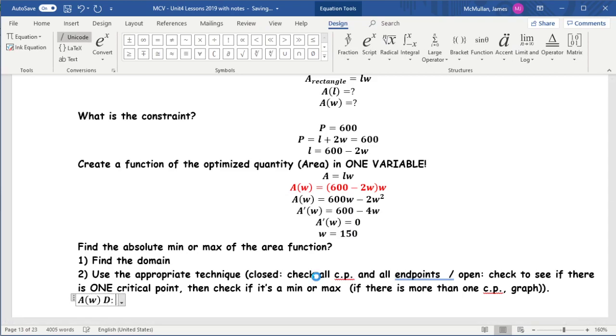The domain is width belongs to the real numbers, and 0 is the lowest width that makes sense. Really, you could say 0 is less than, because if you have a 0 width, you don't actually have any area at all. And width can be no bigger than 300, because if it's bigger than 300, your length has just become negative.